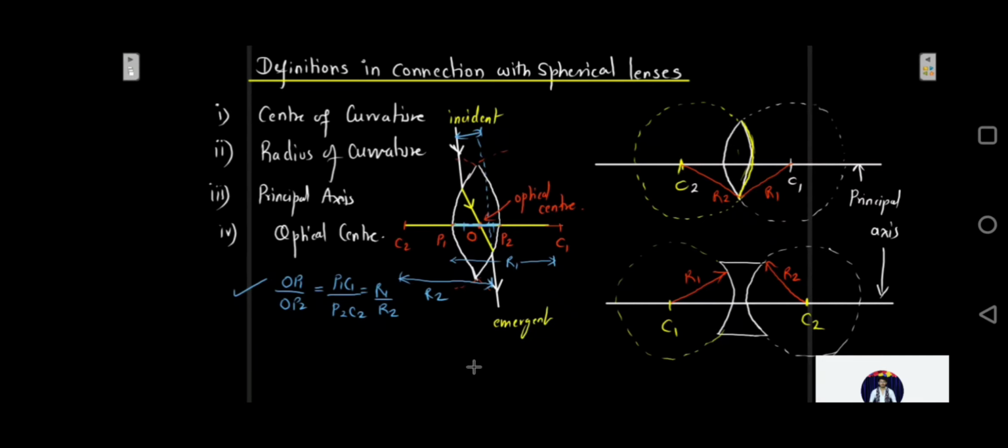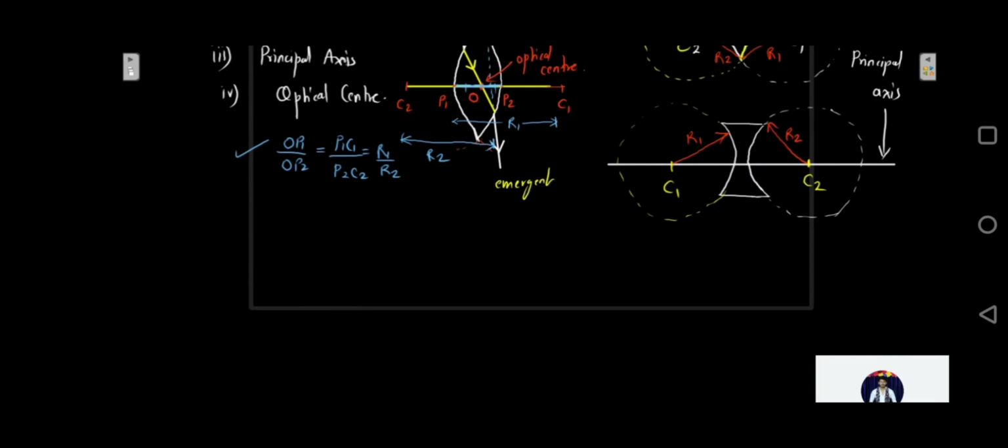I'll draw another lens over here. If this is my lens and R1 is equal to R2, then the optical center will be exactly coinciding with the geometric center. This distance will be equal to this distance. That has to be noted down over here.